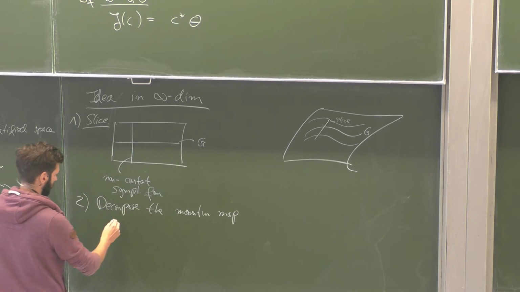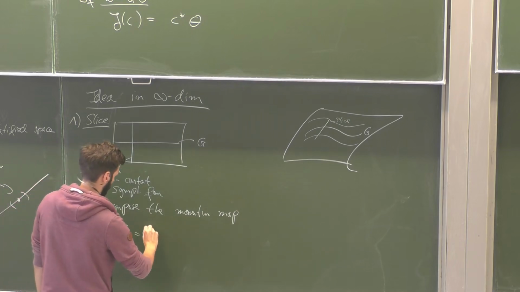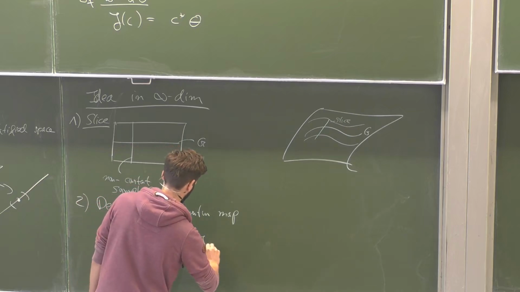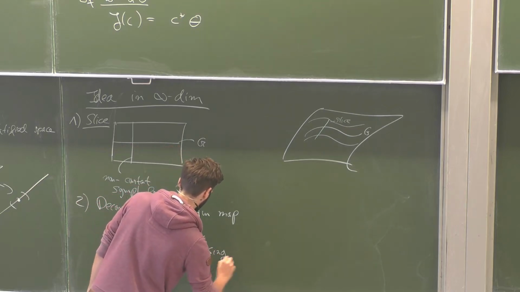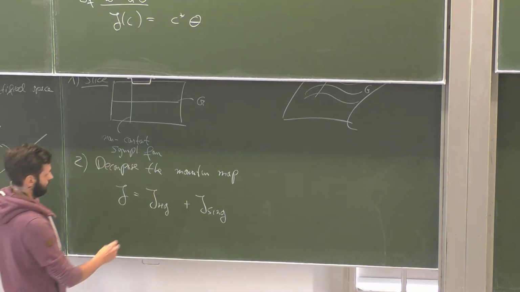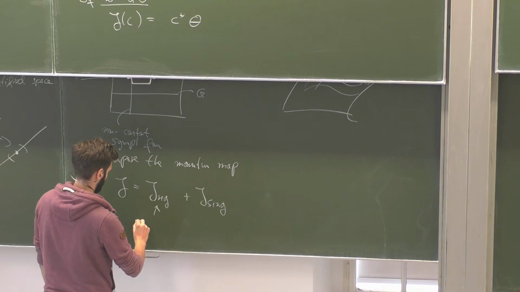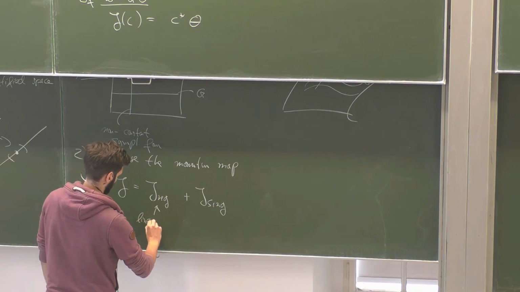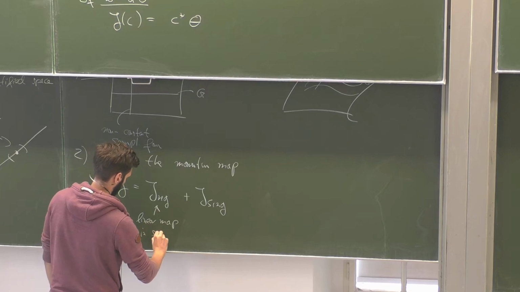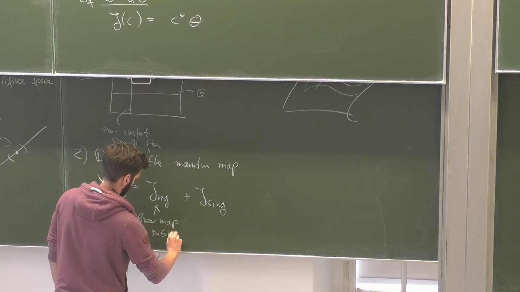The decomposition is essentially into two parts, which is regular and something singular. And the regular part has the property that it's essentially a linear map in suitable coordinates.